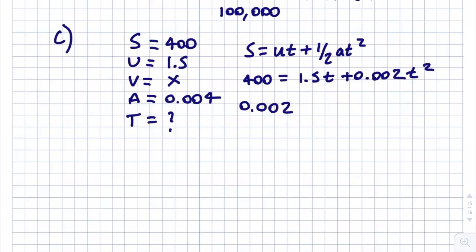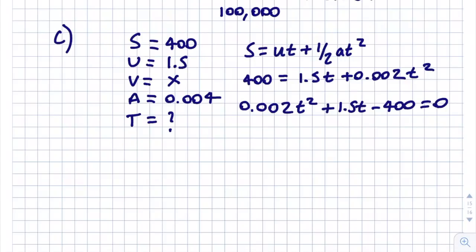So if I rewrite this as 0.002 t squared plus 1.5 t minus 400 equals 0, I can go to my calculator, press menu, scroll down to A where it says equation / function, select that. Then I can select 2 to solve polynomial equations. Then we've got a polynomial degree of 2, and then I can just enter my values. So I'm going to have 0.002, 1.5, and minus 400.